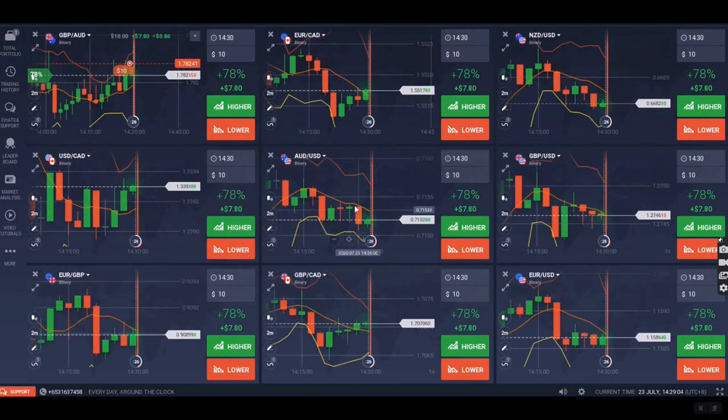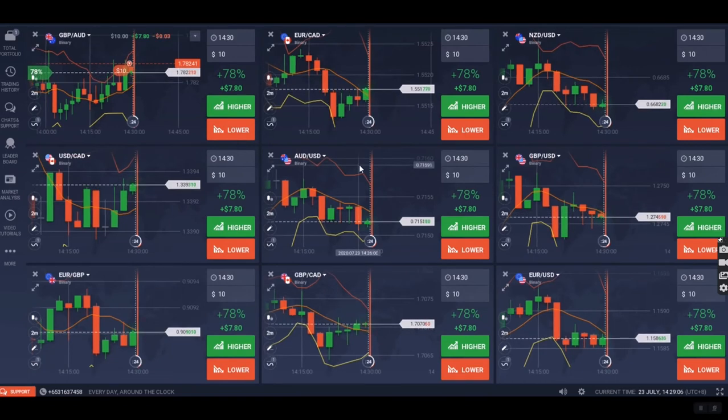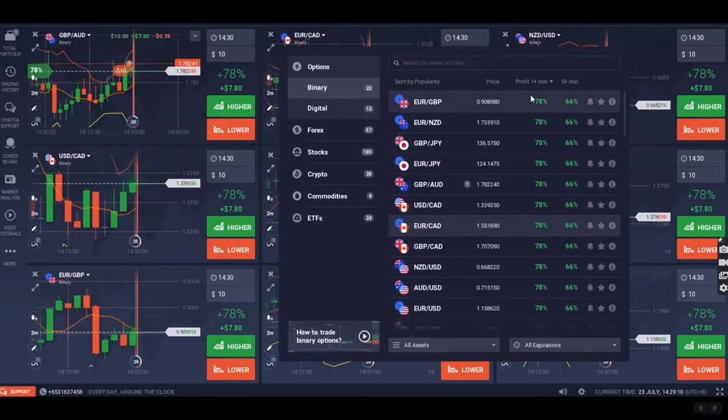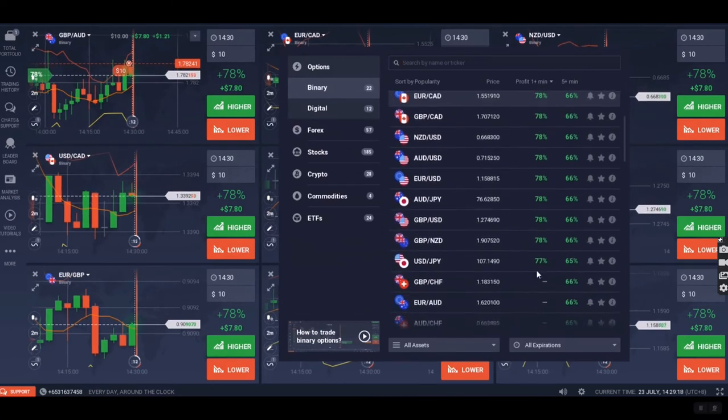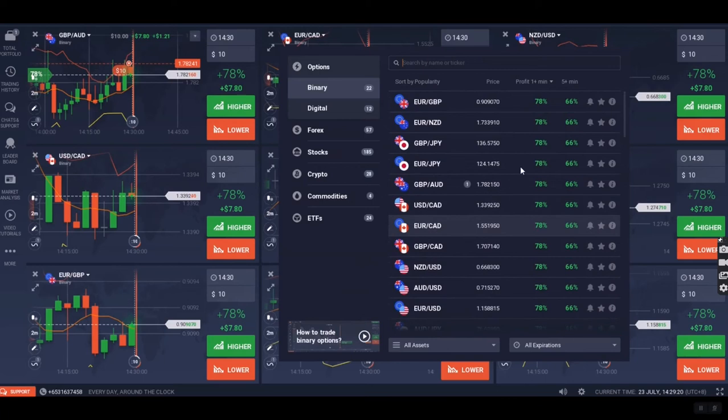These are the things to take note. Next thing to take note, you want to select the top profit, highest profit percentage. Just choose the top 9, or you can just randomly choose 9, since everything is 78% here.